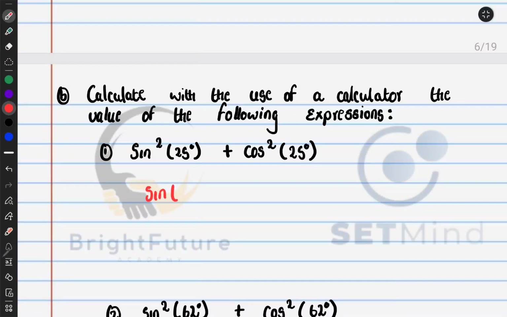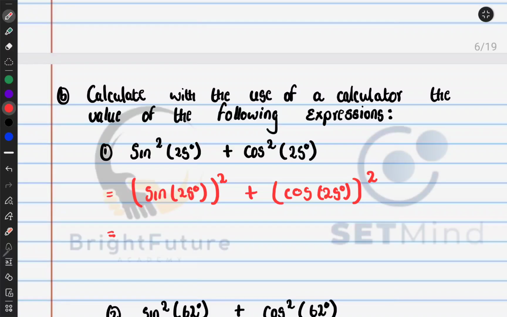It's sine 25 degrees, and then in brackets everything you square, plus cos of 25 degrees, bracket you square. It's going to be looking like that.